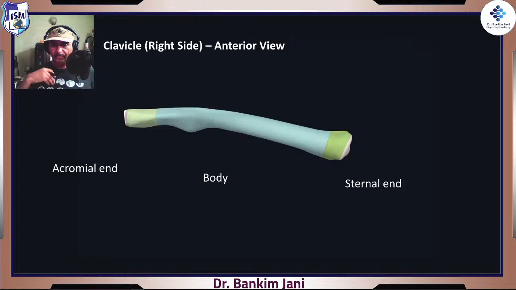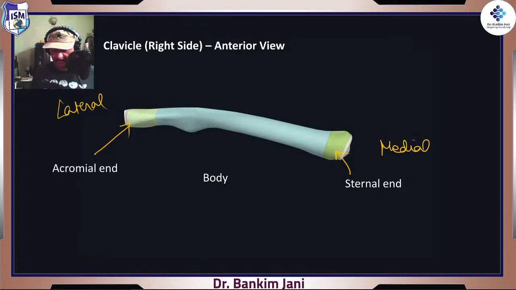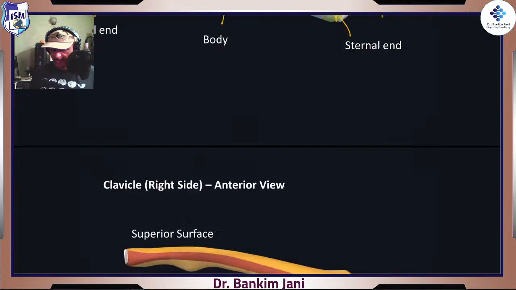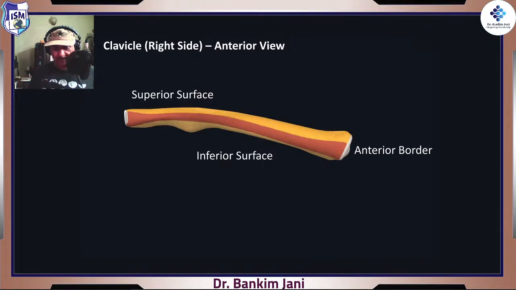We can't see each other; it is only the written note, right? So in this, you'll always say that one end is the acromial end and this end is the sternal end, right? Makes sense because this is lateral and this is medial, right? And in between we call this the body. Good, easy. Let's see further.